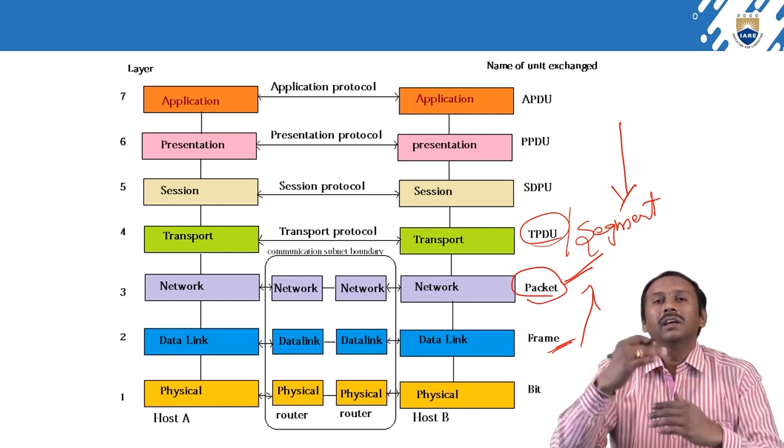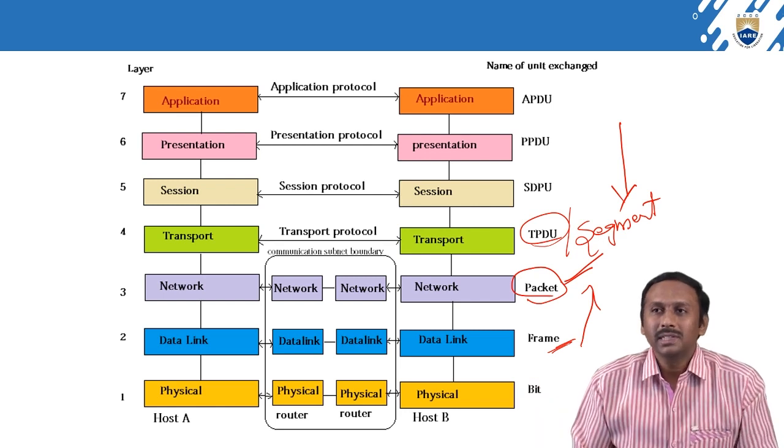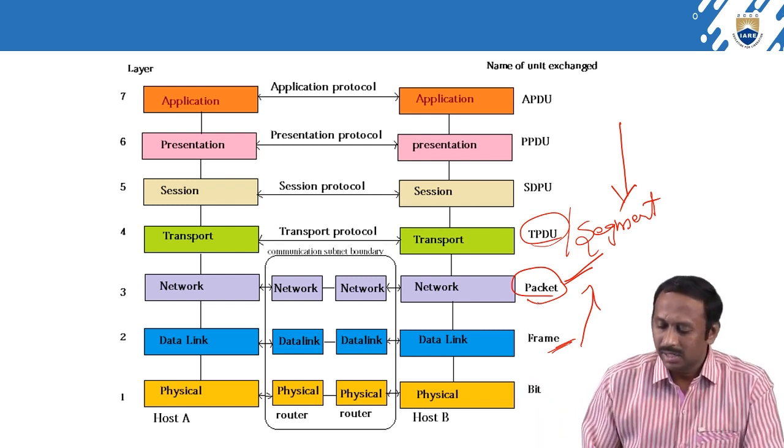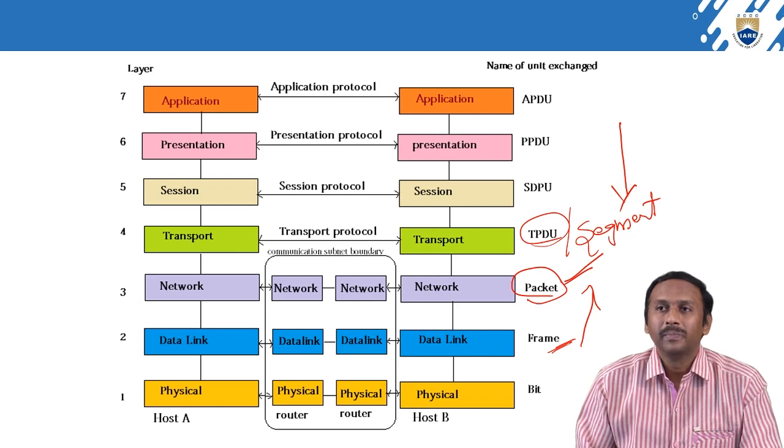One segment is again divided into packets. That is the data representation in the network layer, in packets.